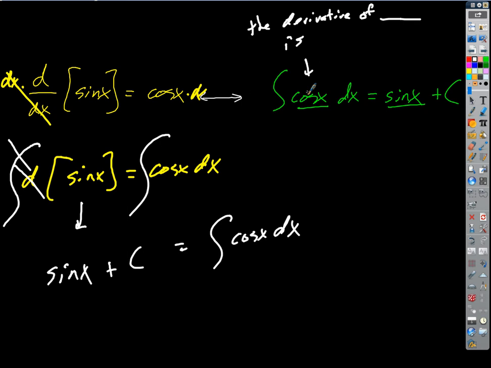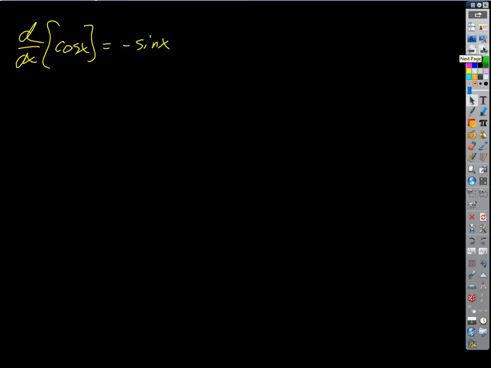So what is the answer? You tell me, there's the standard form of the derivative that relates cosine to sine. What do you think is going to be the integral form, the antiderivative standard form, the integral that goes with that? The integral of negative sine x dx equals cosine x.